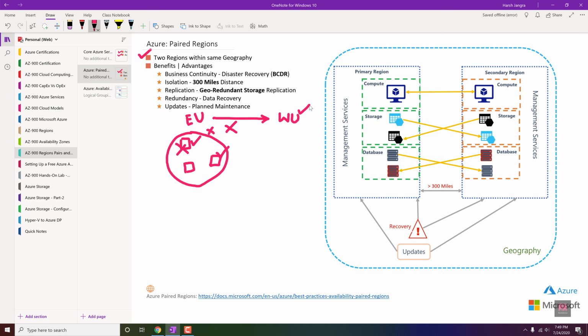Now, before we talk about the benefits and advantages, you can think, hey, can I choose the paired region on my own? No, Microsoft has already decided which data center goes to which paired region. That is the first answer. Now, second thing, is it really necessary for us? No, obviously not.